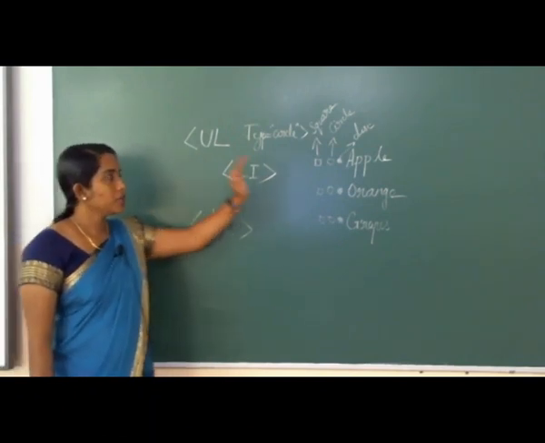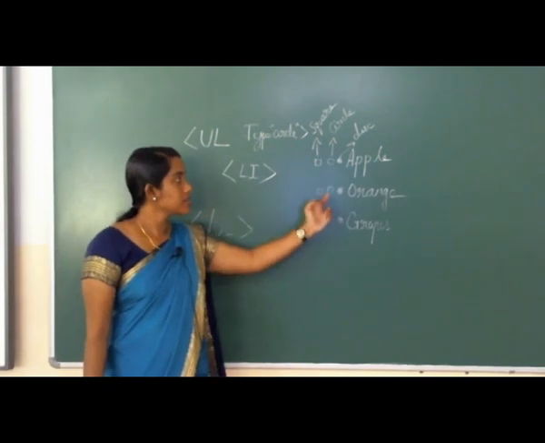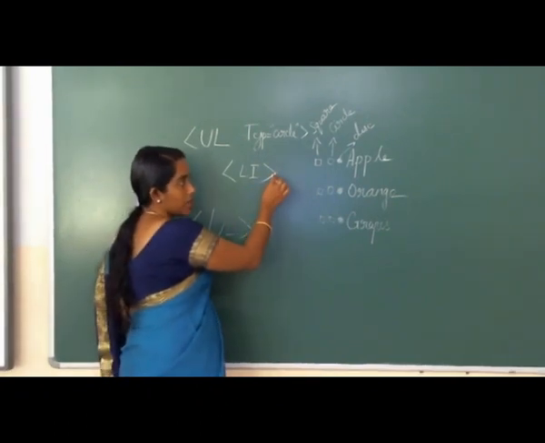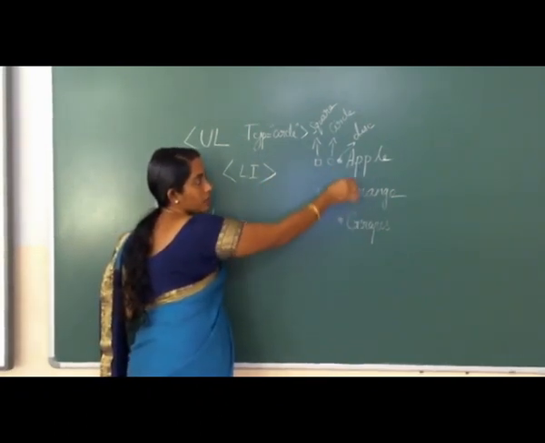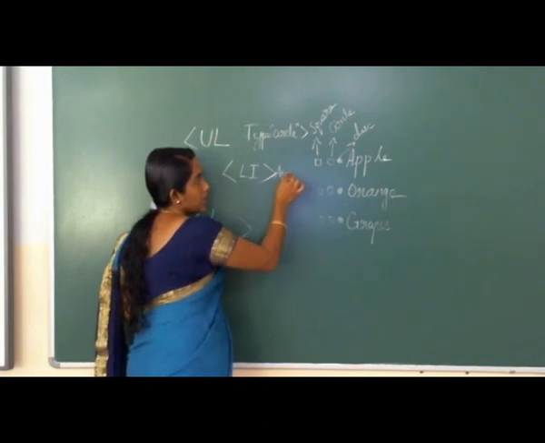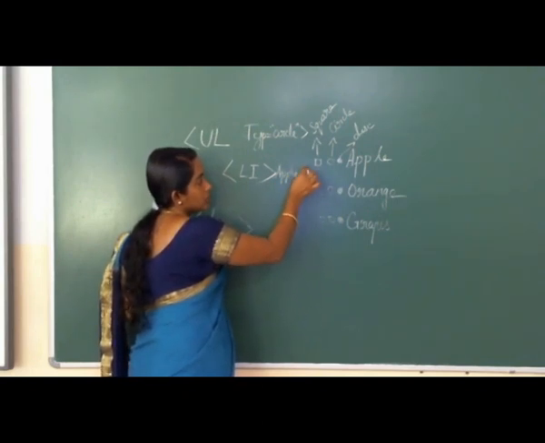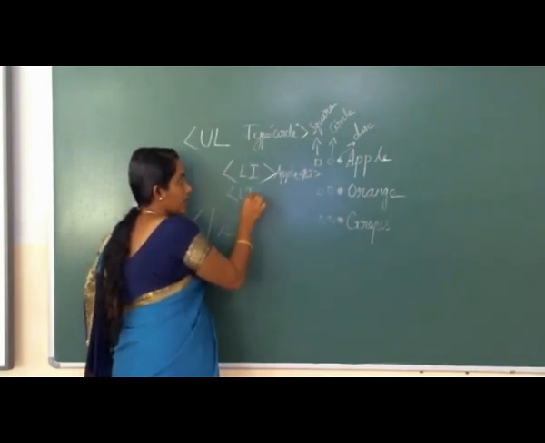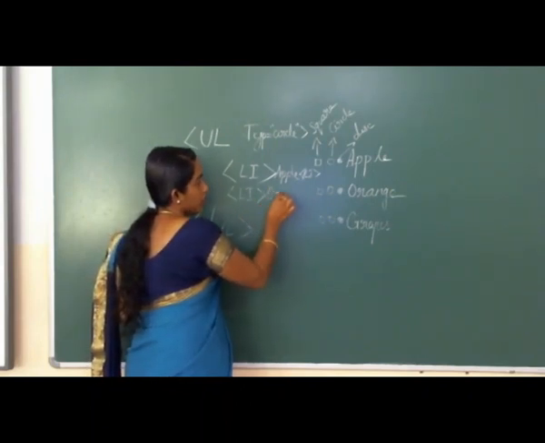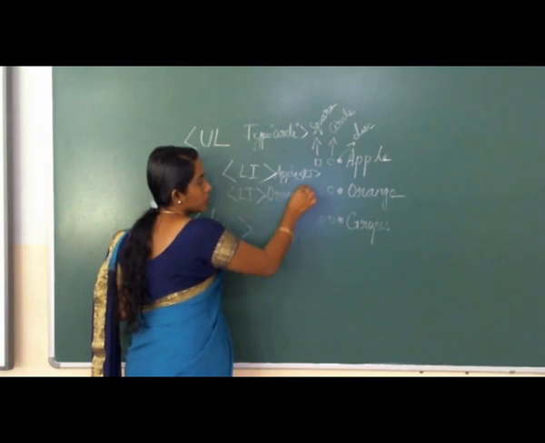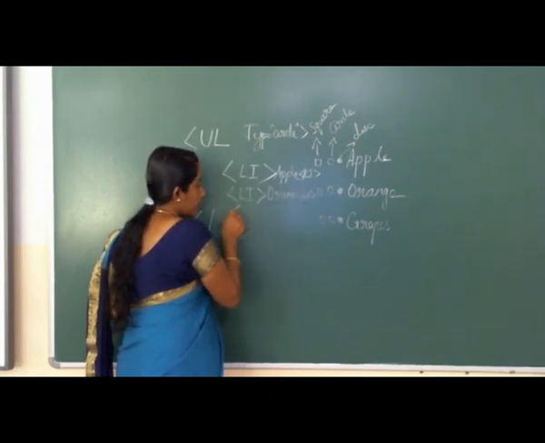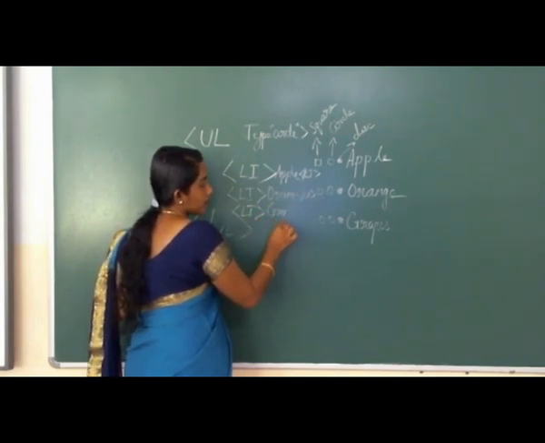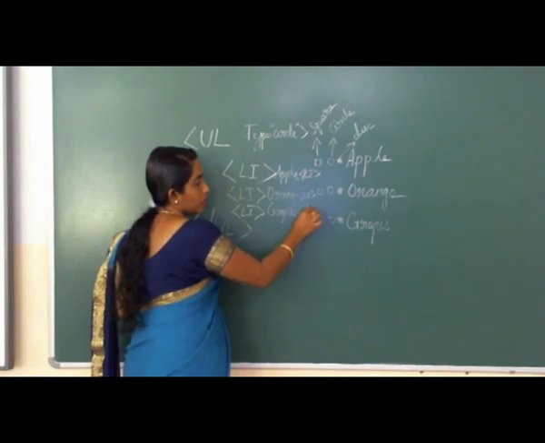Then you can see circle means this symbol. Then LI, you have to mention the item names. The first item is apple. So LI, apple, then close the LI. Then if a second item is there, write LI, orange, close the LI. Again, if one more item is there, LI, grapes, close the LI.